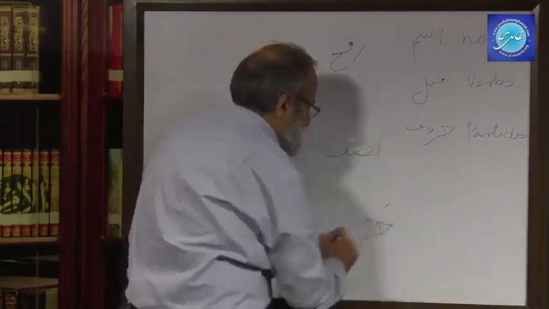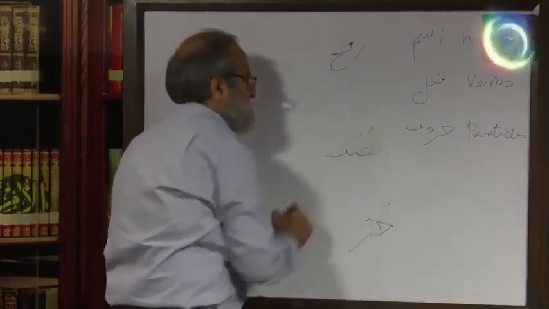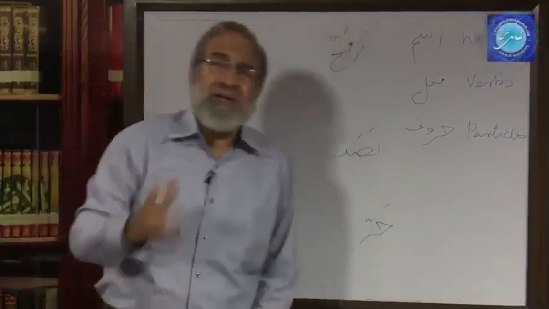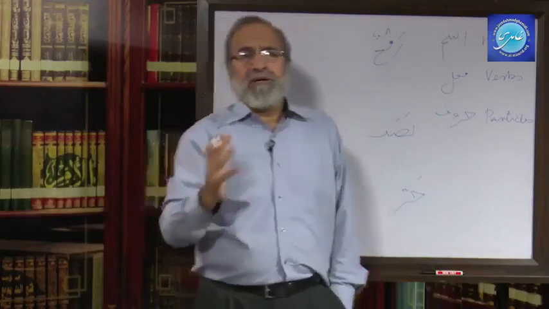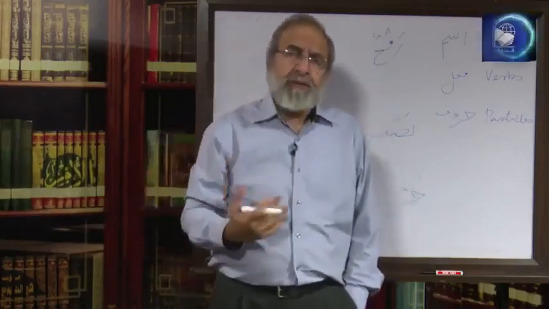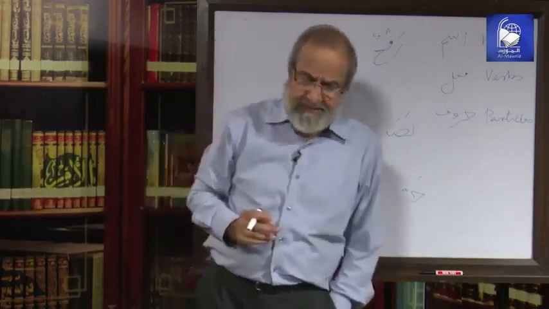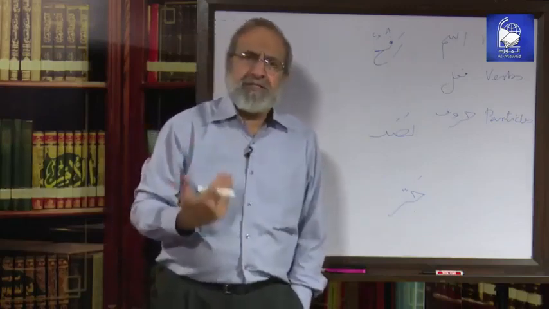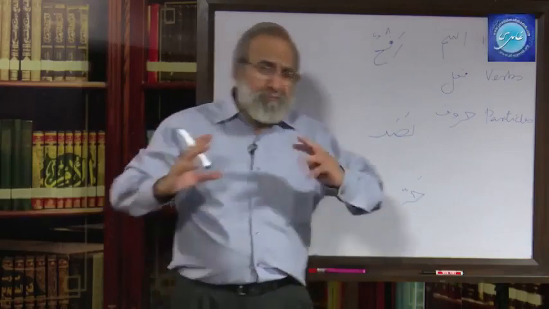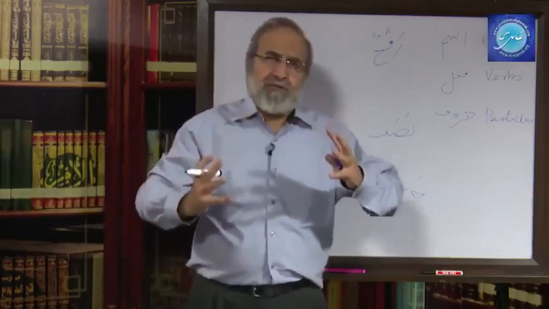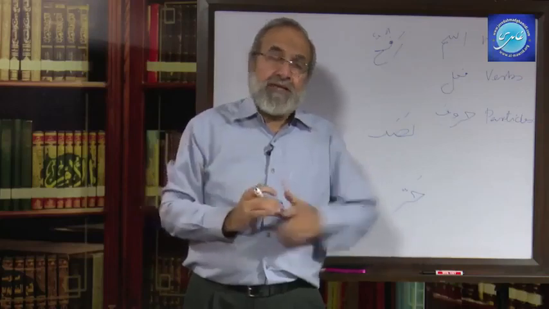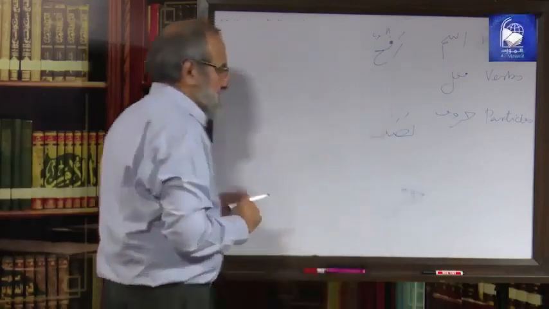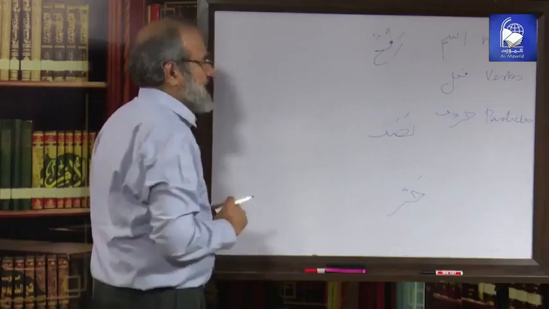These are the cases which we have in Arabic, and we are talking about the different possibilities where Rafa, Nasab and Jar are used. The nominative case, the genitive case, and the accusative case. Accusative is Nasab and genitive is Jar. But before I move on to the next possibility, Nasab or Jar, as we've already done Rafa, let us recap the different forms these three possibilities take.